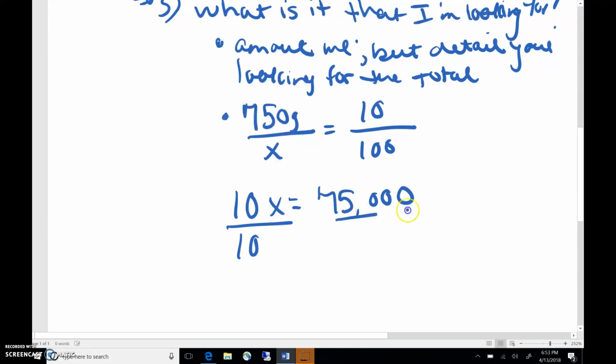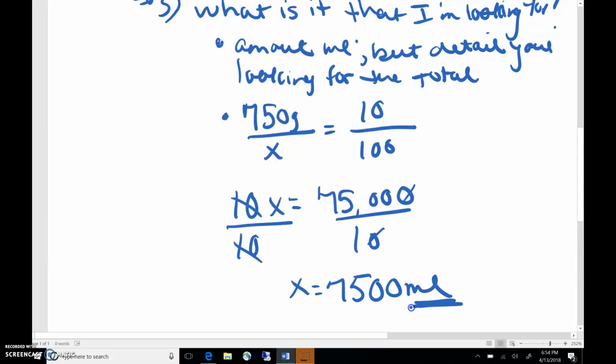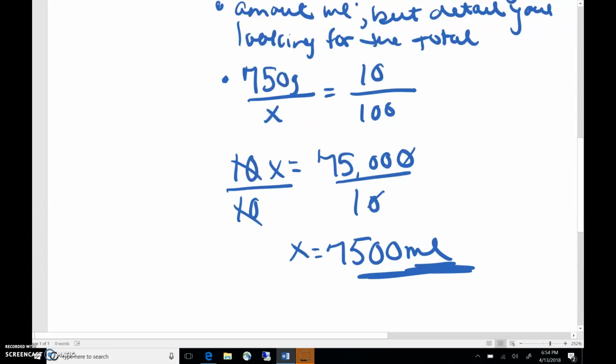You're going to divide 10 on both sides, and x equals 7,500 milliliters. And we know that my unit should be in milliliters because that is what I'm looking for, the total amount of milliliters. So we have solved number 2 for practice problems A on page 524.